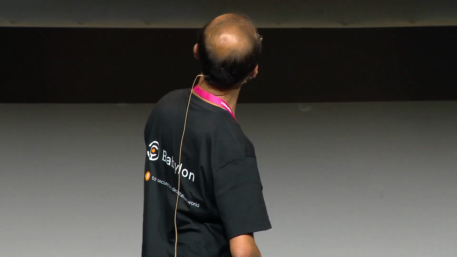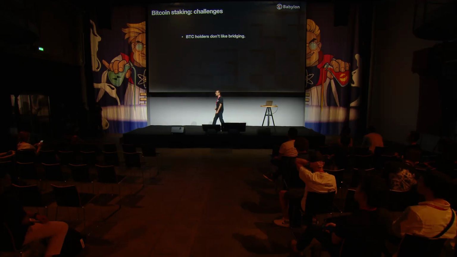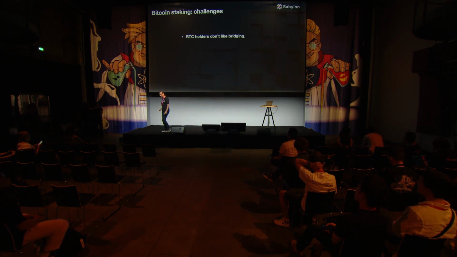Now the challenges to implement these two objectives are the following. As I mentioned, BTC holders do not like bridges. Only less than 1% of the asset is in wrapped BTC. They like to keep the BTC on the secure BTC chain.